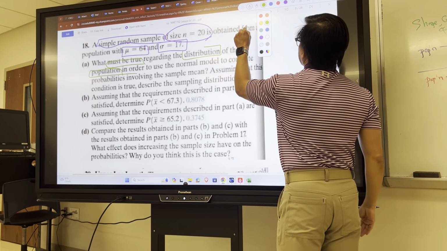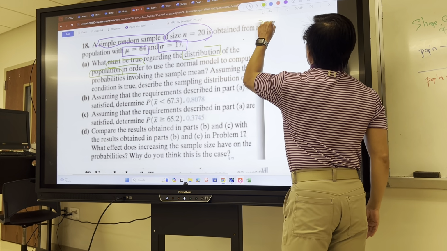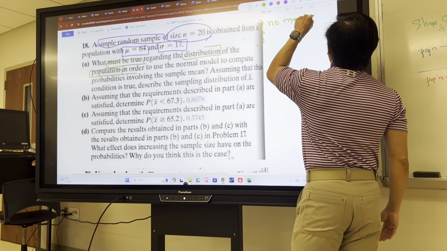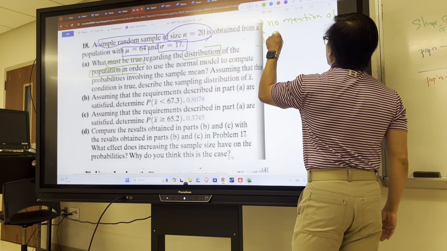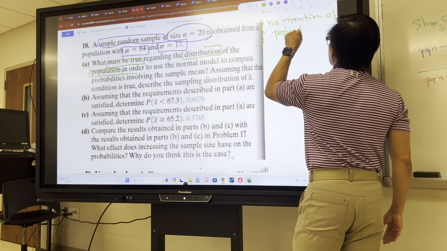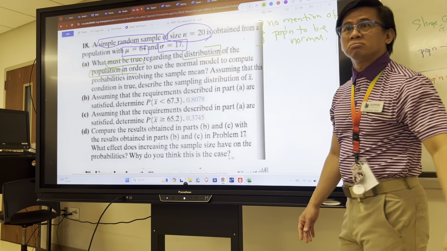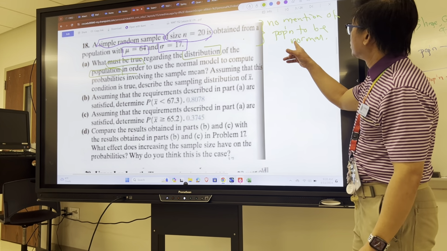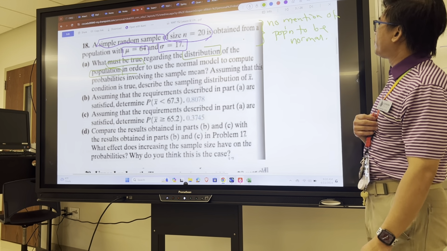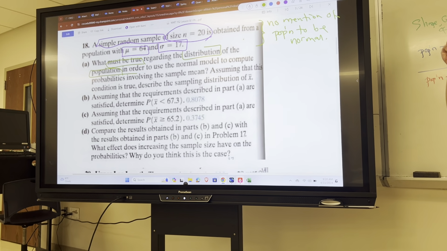So in here, it says no mention of the population to be normal. So again, there's no mention of the population to be normal. And that's basically one of the requirements for getting the sample mean distribution.